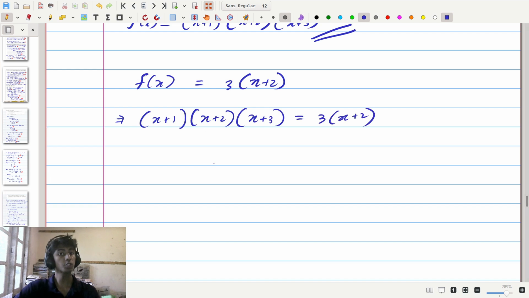At this point you might be tempted to just divide both sides by x plus 2 and cancel it out, but we can't do that, since x plus 2 being equal to 0 is also a solution for this equation. Due to that, we can't divide it.